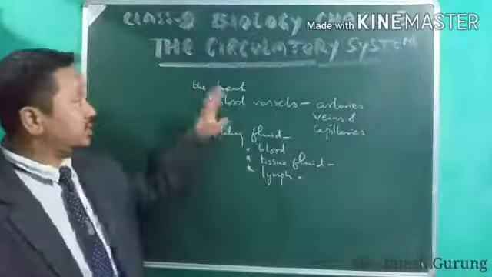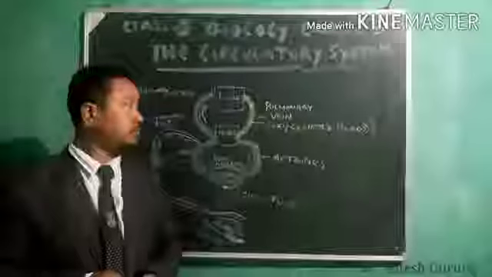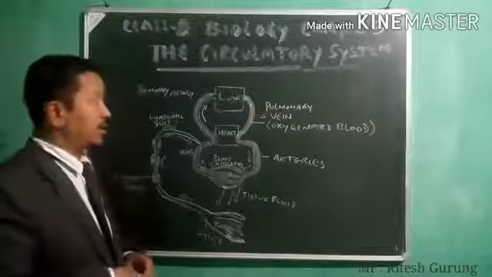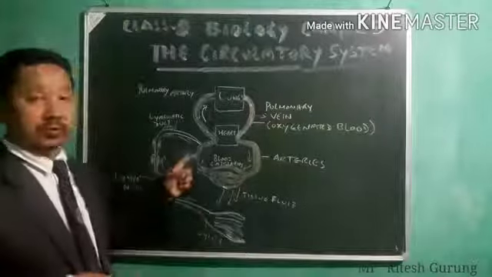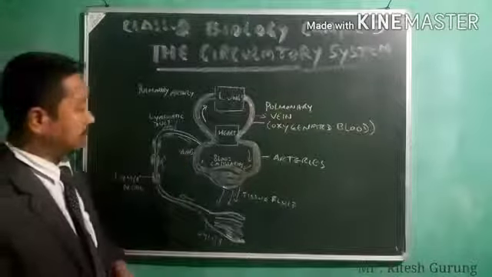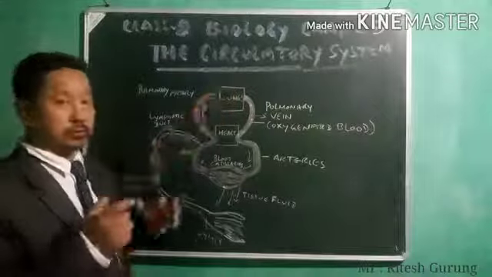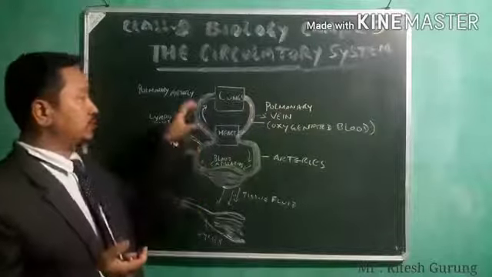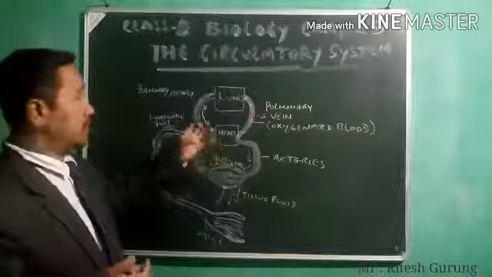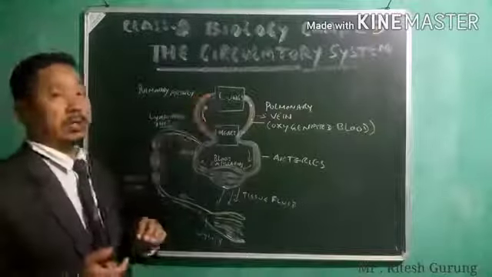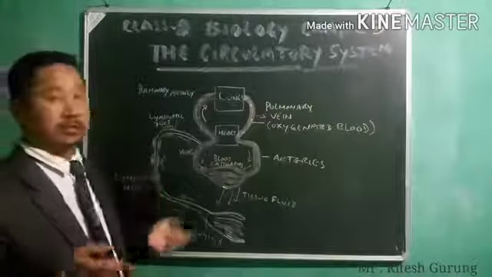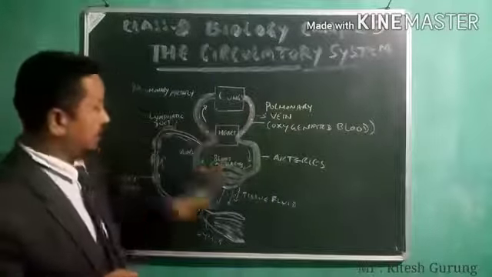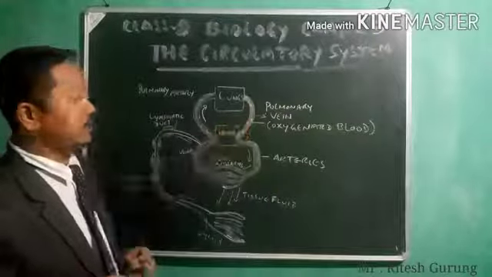So this is your circulatory system. As you see in the diagram here, which is also given in the book, this is the lungs. Actually, the lungs and the heart are not in this shape, but it is just to show you. This is the lungs, this is the heart, and here you see the blood vessels.